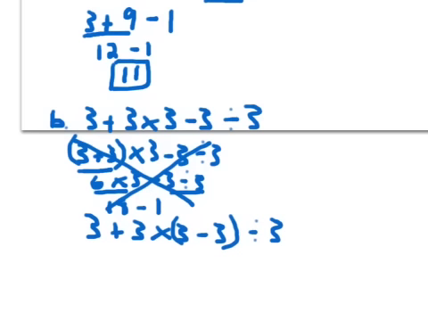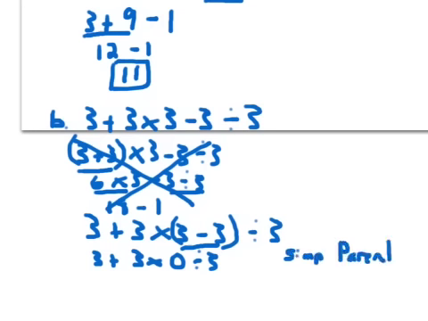First thing I would do is inside the parentheses, so I'd have 3 plus 3 times 3 minus 3 is 0, divided by 3. And justify means just tell me what you did. Well, I simplified the parentheses.